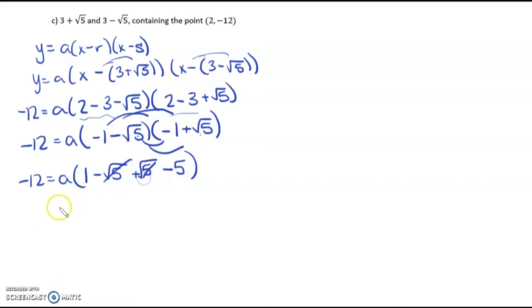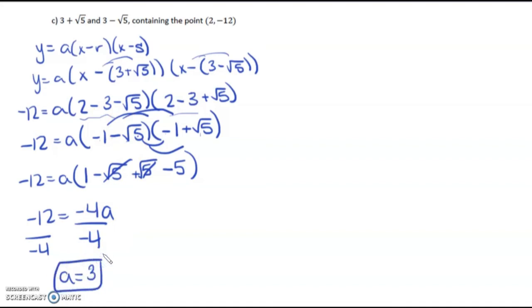Those two cancel out. We have 1 minus 5, I get negative 4. So we get a equals 3.